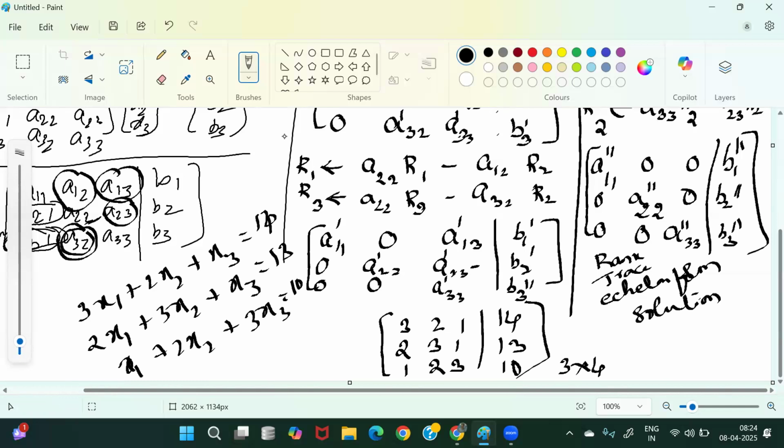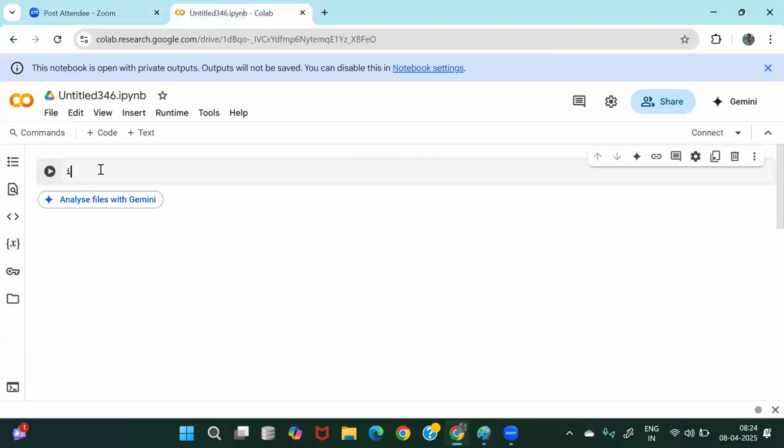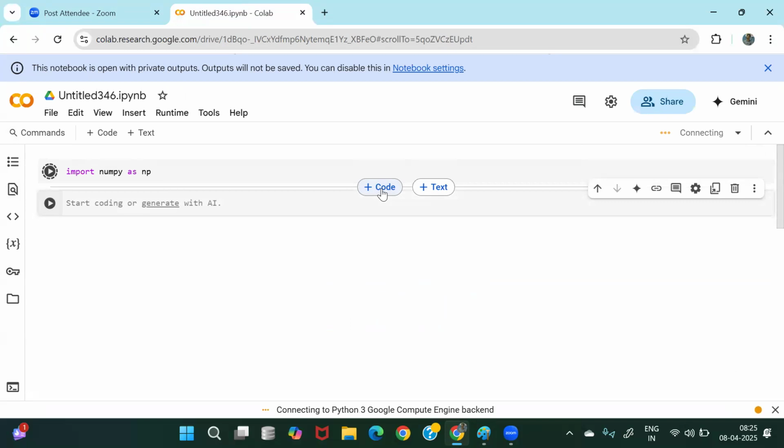Let us create this augmented matrix. We will do it semi-automatically by Python. To deal with matrices, you need the numerical Python module. This is not completely automatic, this is semi-automatic.